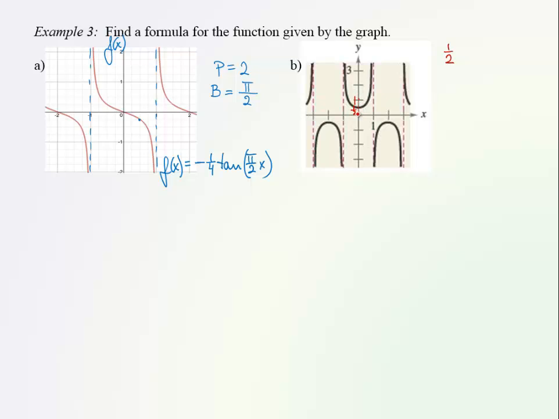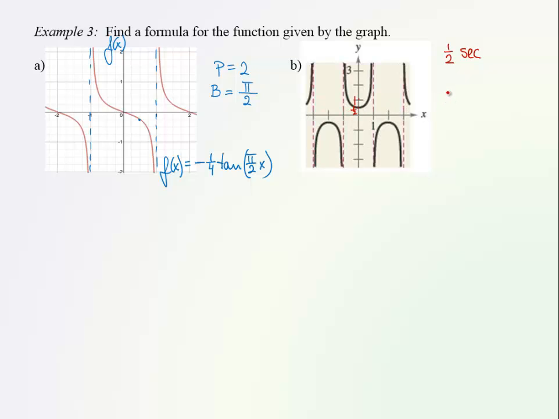Well, the basic shape would start from 0, 1, which leads me to believe that it's built on cosine. So reciprocal of cosine is secant. Therefore, this shape must be connected with secant. Now, the full period. Well, if this is 1, 2, 3, well, there's 4 units. The full period is 4.